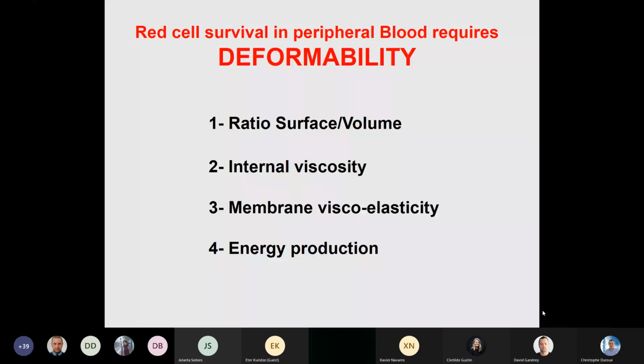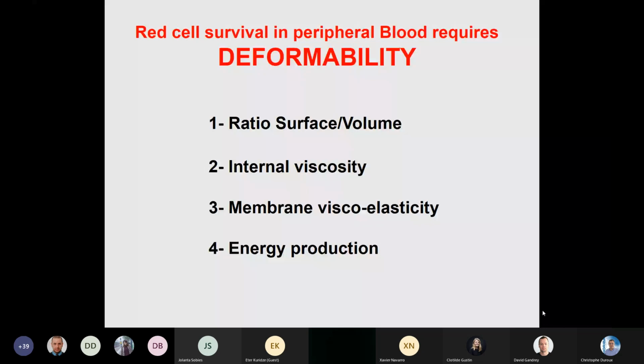A second important parameter that may also involve the membrane is the internal viscosity, and you can understand that if there is an increased internal viscosity inside the red blood cells, the deformability will decrease. And you can have an increased internal viscosity, for example, in some hemoglobinopathies, but also when the red cell membrane is not able to maintain a constant hydration status inside the red cells.